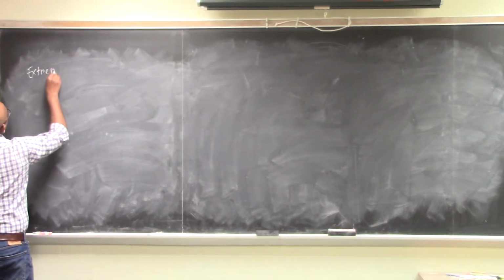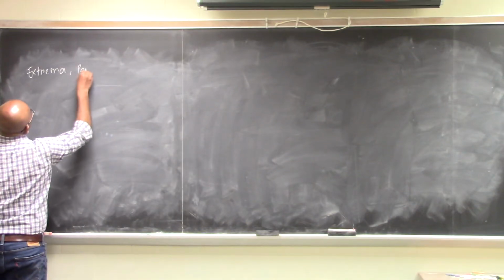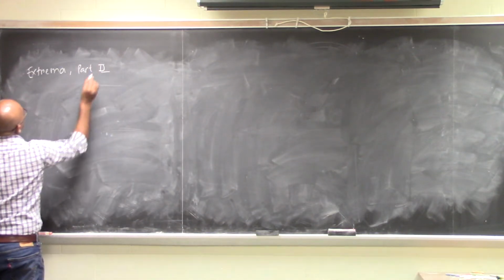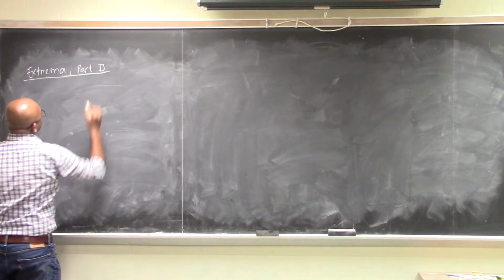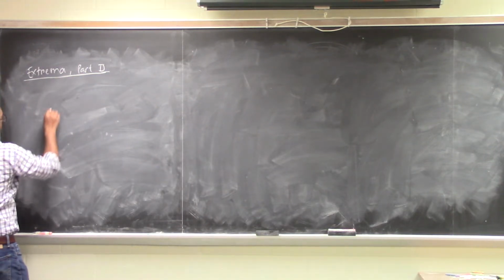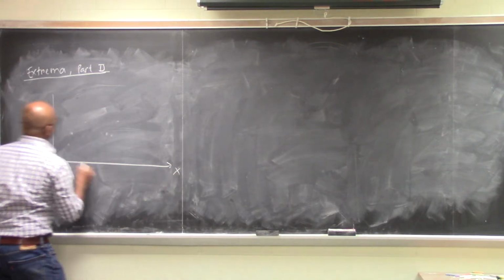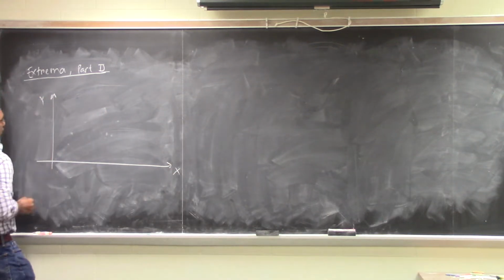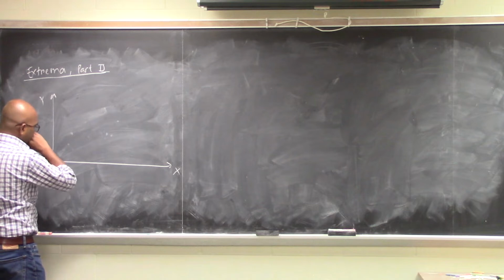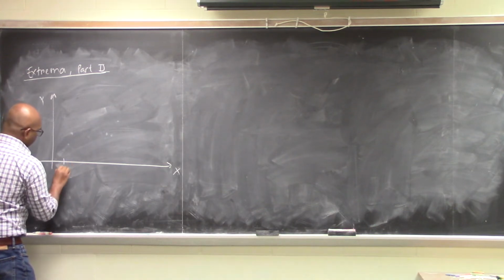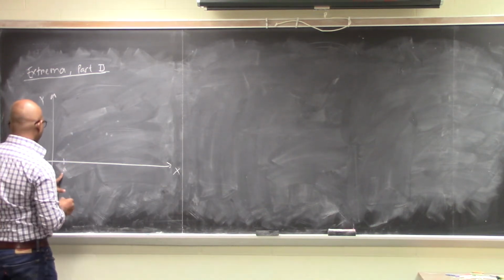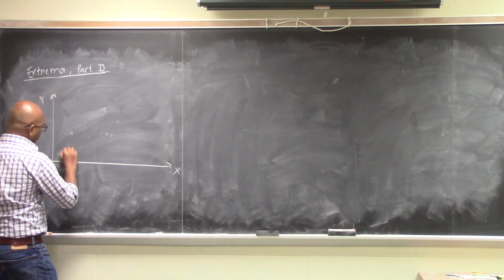This is Extrema part 2. So let's start with a graph. Suppose we have a graph of a function like this. Let's say this is point A, and we want to start from there.